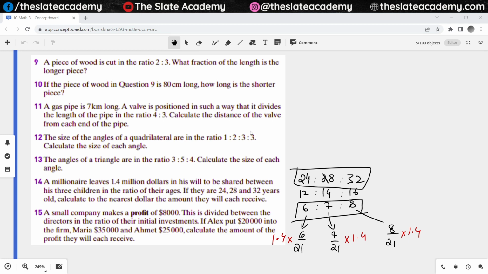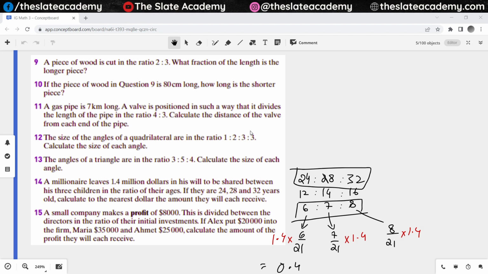Ms. Noor, do you understand what questions we are solving and how we are solving these questions? Hmm. So we are calculating ratios of different numbers.